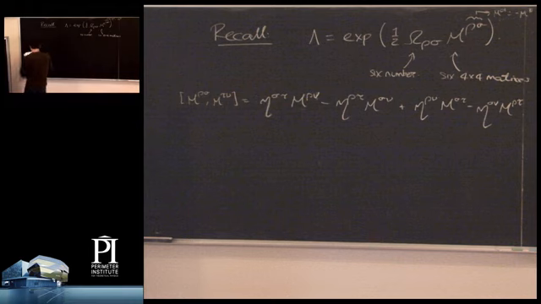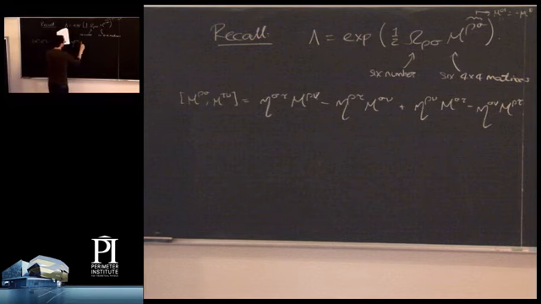So the commutation relations are, and we worked this out in the last lecture, which follow just because we gave explicitly what these m's are. So these are the commutation relations.